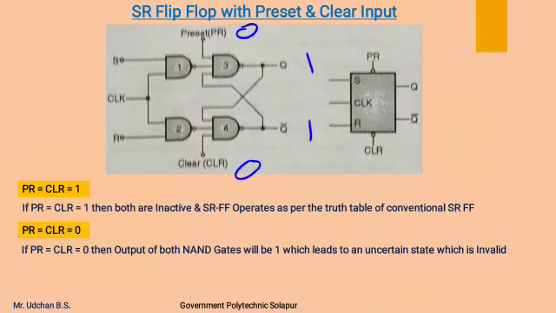As we know, if at least one input of a NAND gate is 0, its output will be 1. So the outputs of both NAND gates will be 1, which leads to an uncertain or invalid state, as the outputs of a flip-flop must be complementary to each other. So these two conditions are not helpful to set or reset the output of the flip-flop before its operation.